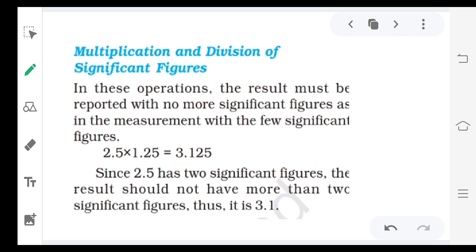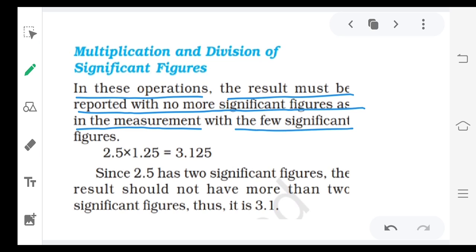Next, multiplication and division of significant figures. In these operations, the result must be reported with no more significant figures than the measurement with the fewest significant figures. I will explain the same thing through an example.